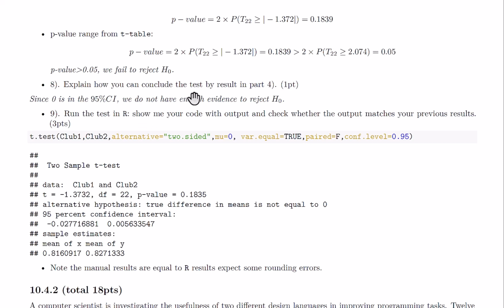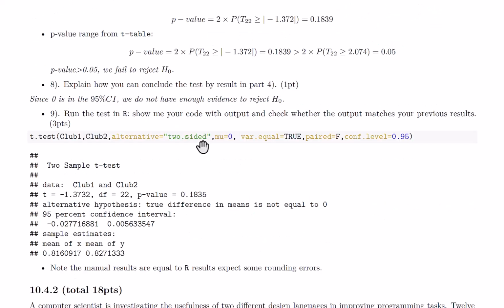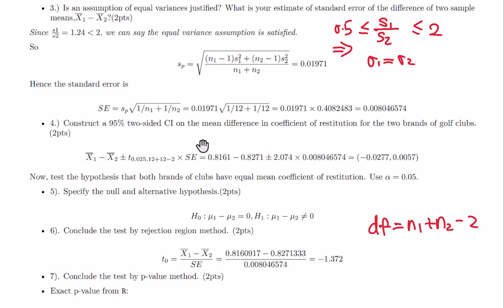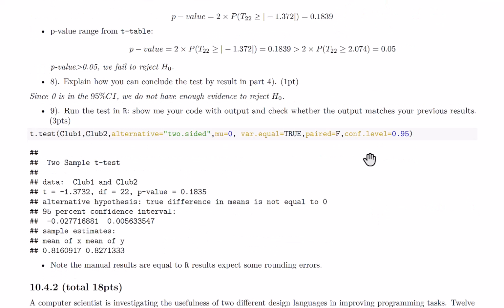And how to do the test by the confidence interval? That's still the same rule. If the hypothesized value is in the confidence interval, in our case you see negative, positive, so 0 definitely is in it, then we fail to reject. Since 0 is in the 95% CI, we do not have enough evidence to reject the null hypothesis.